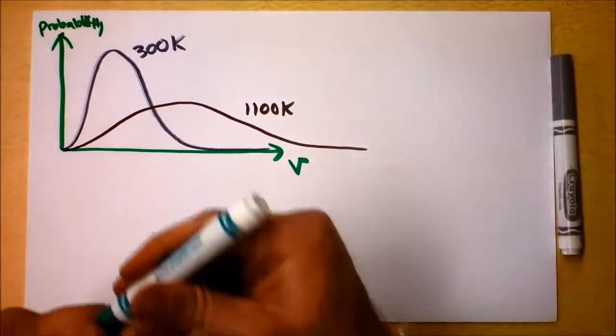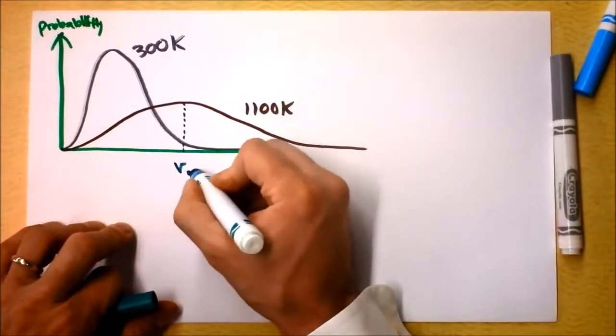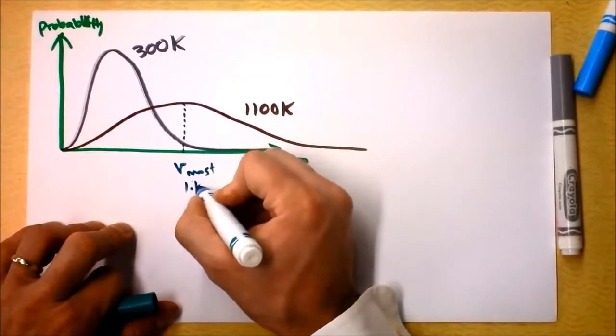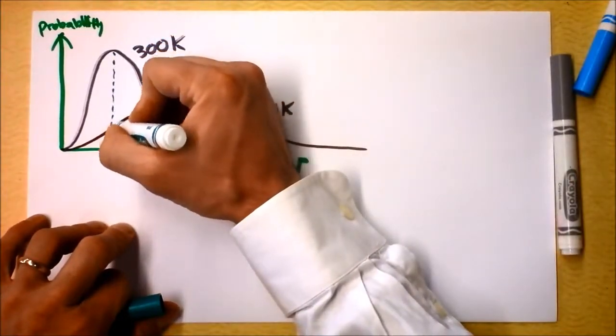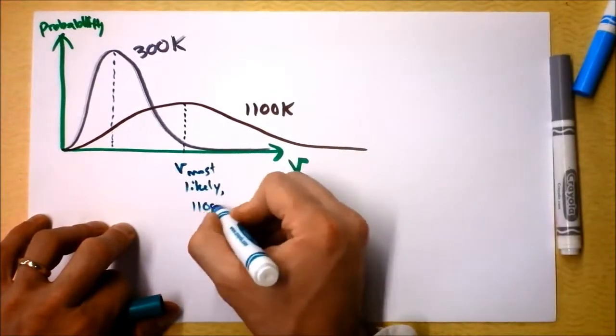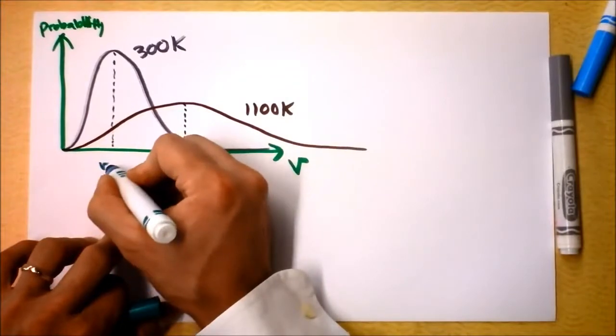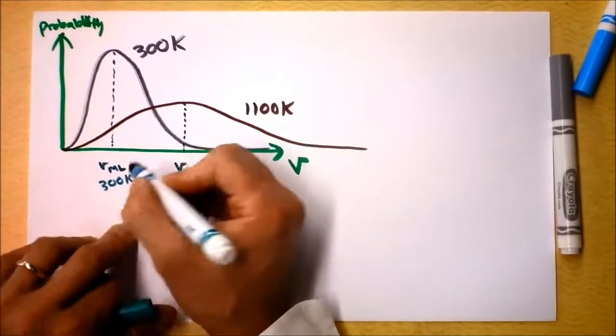So I'll put a dotted line right here and say that this is the most likely speed. We're going to get into all kinds of different kinds of averages, but this is the most likely at 1,100 Kelvin, and this is the most likely at 300 Kelvin.